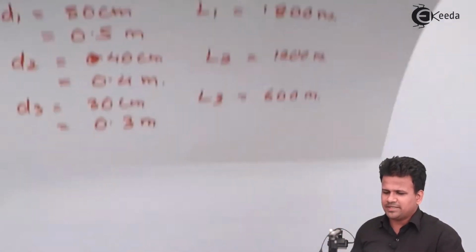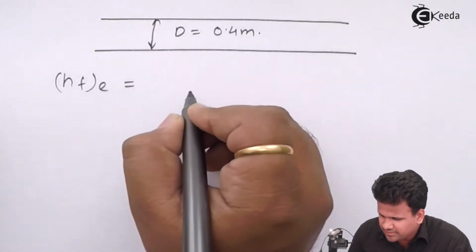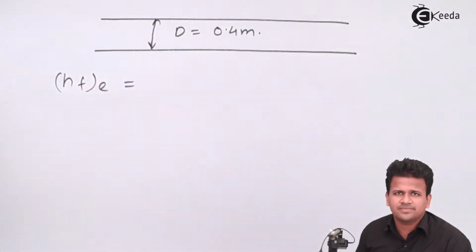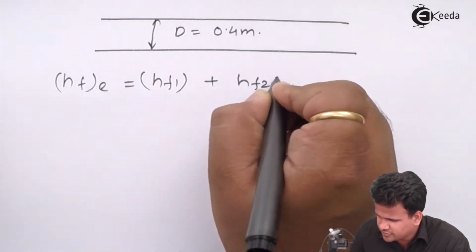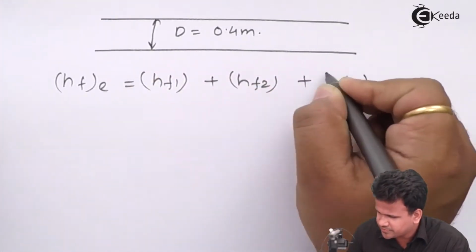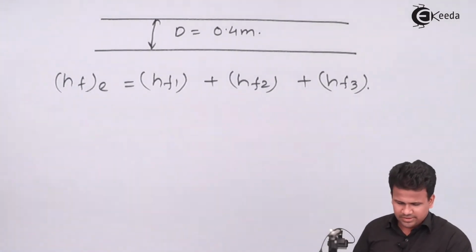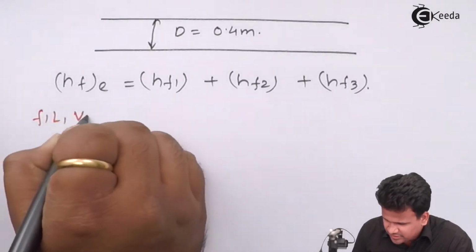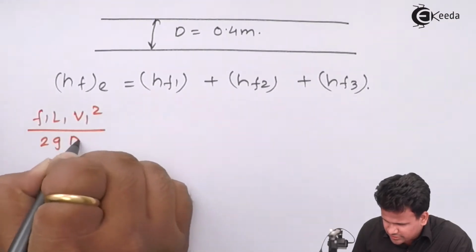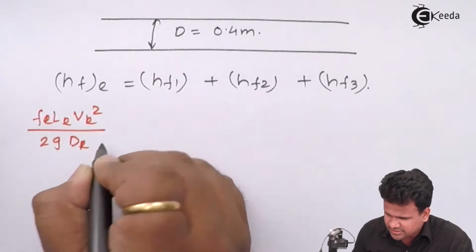So now let us apply that formula. Head loss through the equivalent pipe will be equal to the head loss through the individual pipes connected in series. So this will be hf1 plus hf2 plus hf3. These are the head losses of the pipes when connected in series. Now let us substitute the values of all these terms.